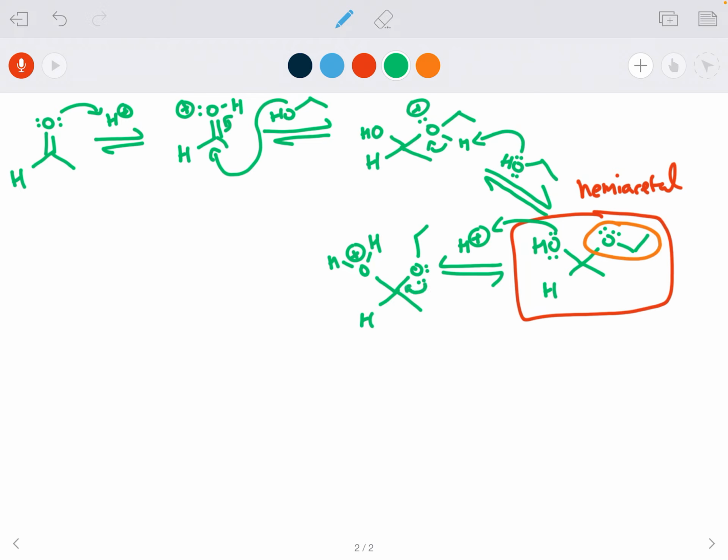The electrons from the ether, you could call it, are going to come down to form a double bond and kick off the water. So now we've reformed a carbonyl.